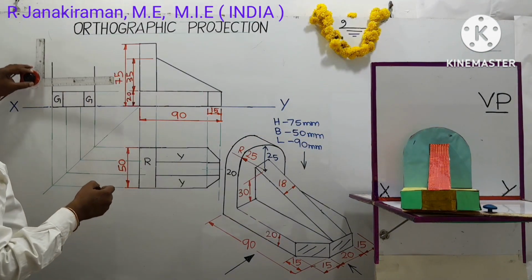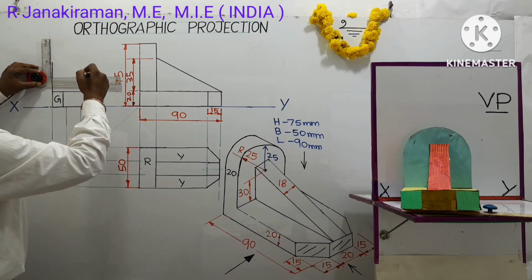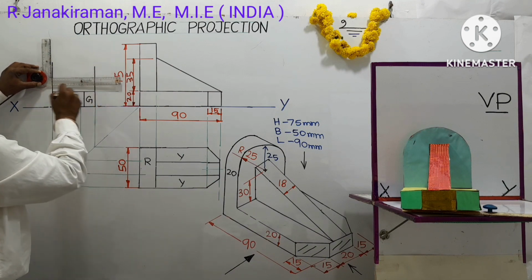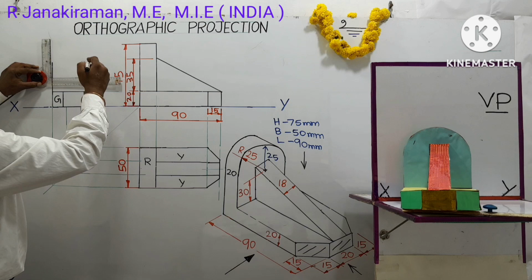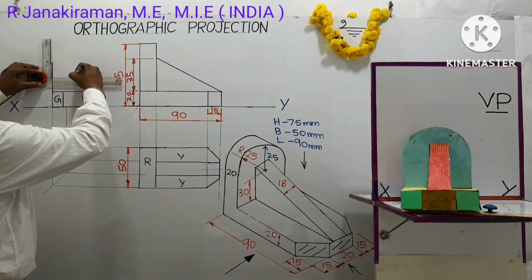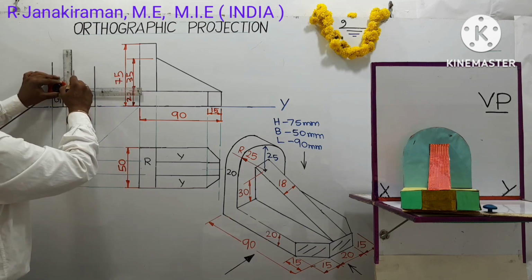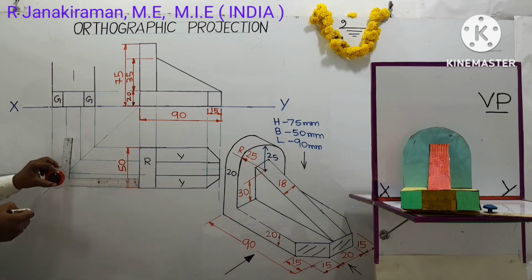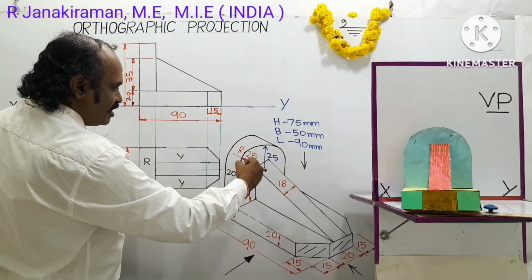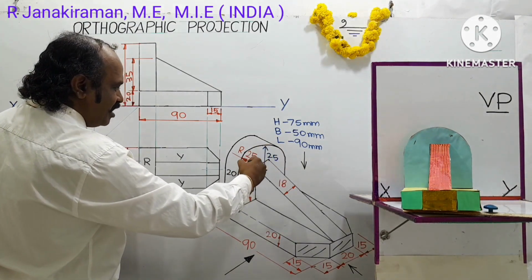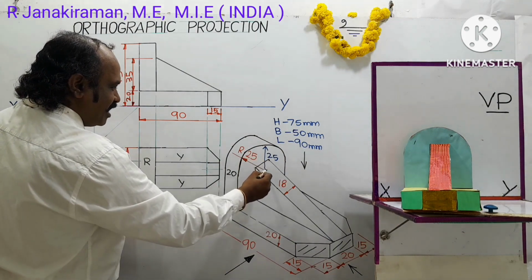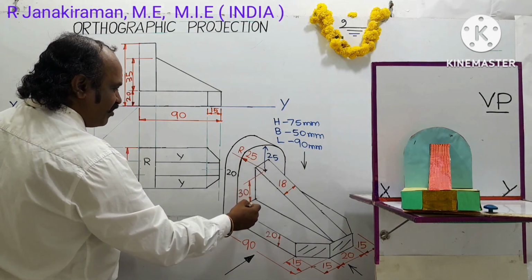And along this breadth 50 mm, you mark one center point. 50 divided by 2 will be 25 mm. Put a point. There you draw one lighter line for reference. The height of the center of the semicircle is 30 mm from the top surface of the base.